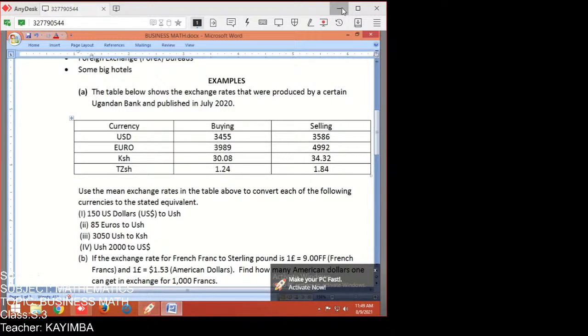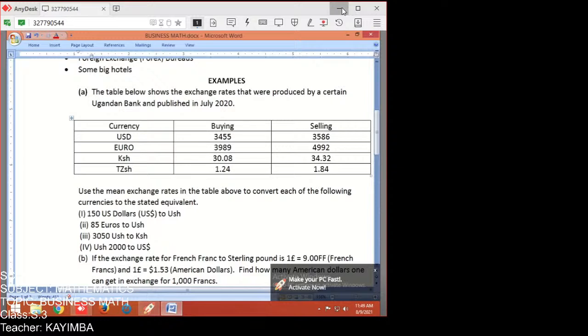The value keeps on reducing, meaning that the selling price will also reduce, the price at which you're going to sell that product. The meaning of depreciation is reduction. Then for appreciation, it means that it's going to increase.